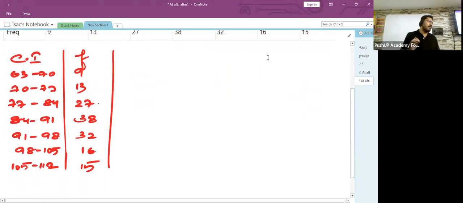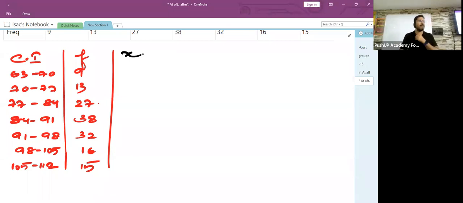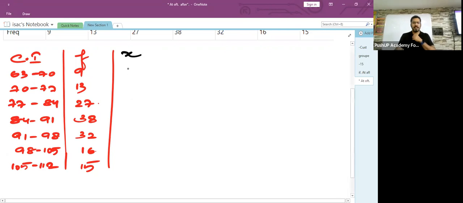So, the column which we are missing here is variable x. What is the mid value of 63 to 70? Sandra, what is the mid value of 63 to 70? 66.5, isn't it?